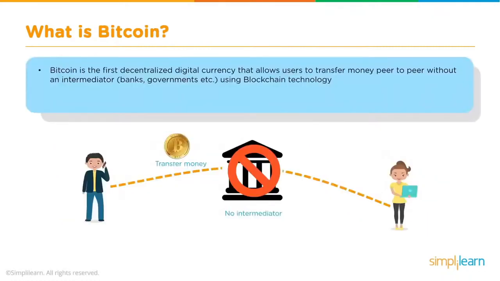Now, what is Bitcoin? Bitcoin is the first decentralized digital currency that allows users to transfer money peer-to-peer without any intermediaries like banks, governments, agents, brokers. Nothing is involved, and all this is done using blockchain technology. As we saw in our previous example, two parties want to exchange money, and they don't need an intermediary.